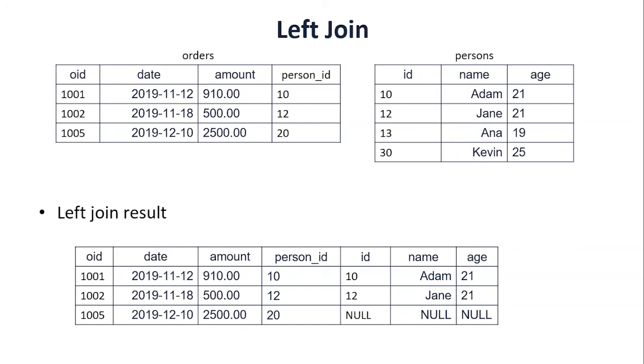And if there are matching records in the persons table, they will be included as well. So this order record with person 20 doesn't have a matching record here, so that will be included with null values.